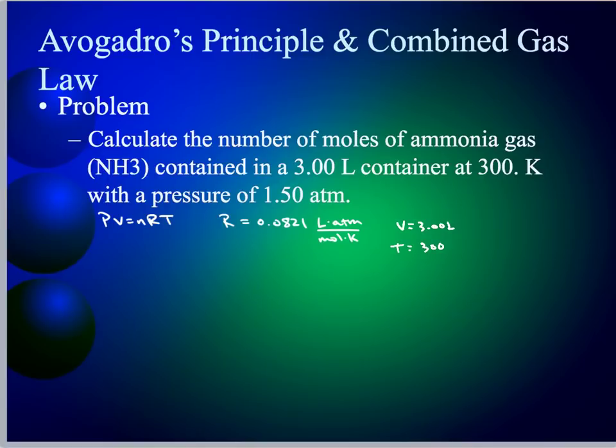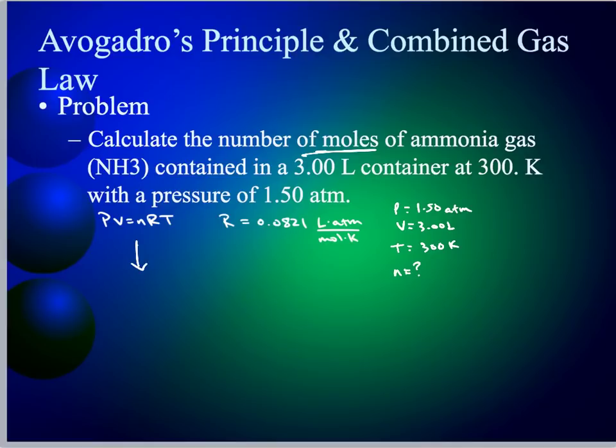T is already in Kelvin, so that's convenient. And pressure is 1.50 atmospheres. The variable I'm trying to solve for here is the number of moles. So I'm trying to solve for n, right? That's the one that I don't know.